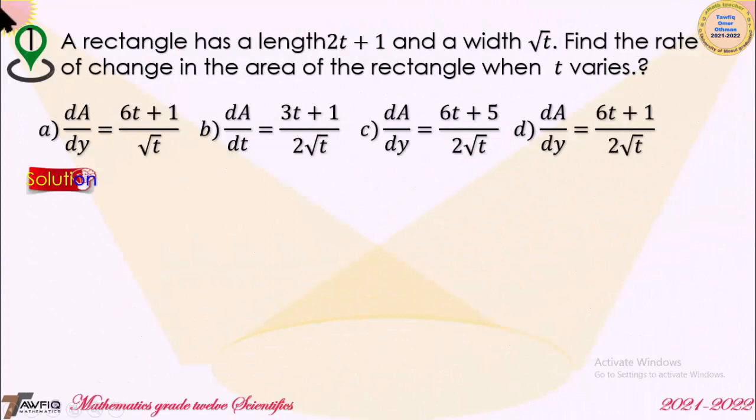Question number 1. A rectangle has a length 2t plus 1 and width square root of t. Find the rate of change in the area of the rectangle as t varies.